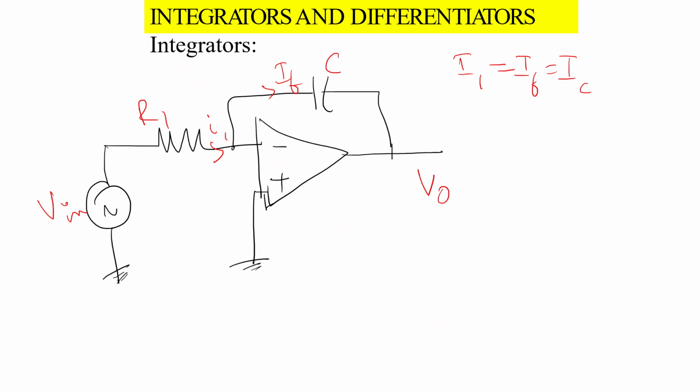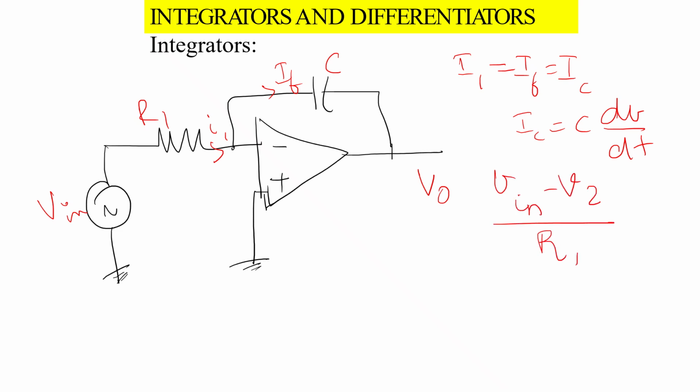But we know that IC is equal to C into dV divided by dt. So (Vin minus V2) divided by R1 is equal to CF into d by dt into dV, where dV is V2 minus V0.